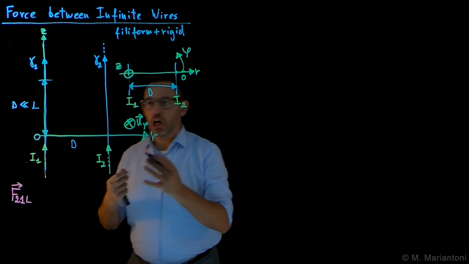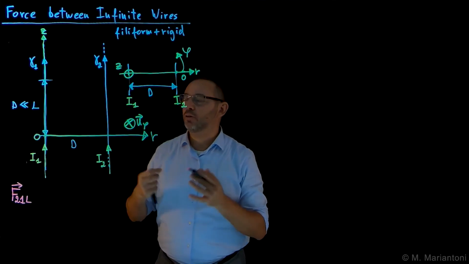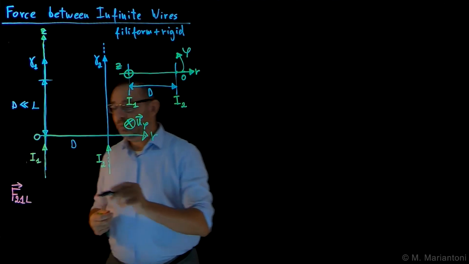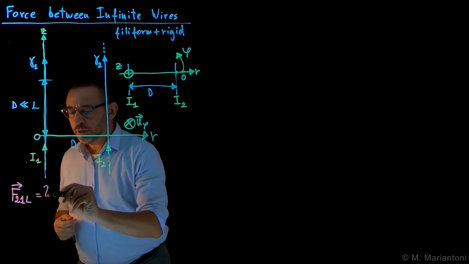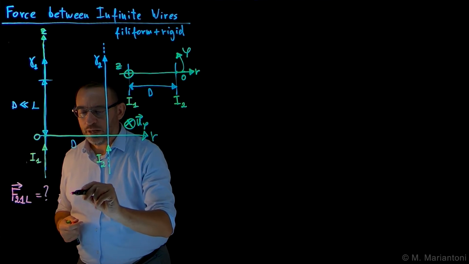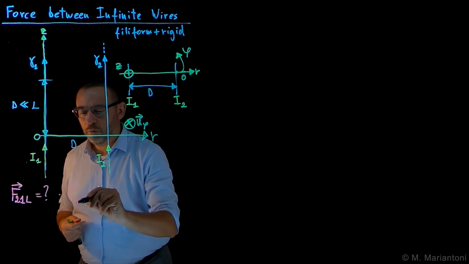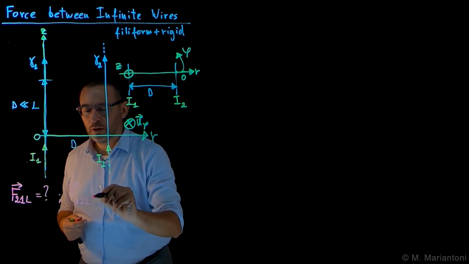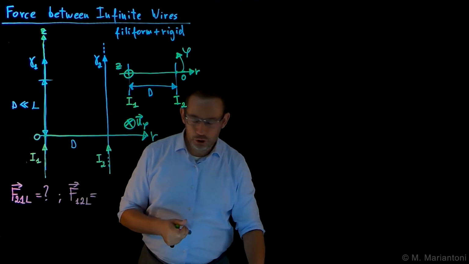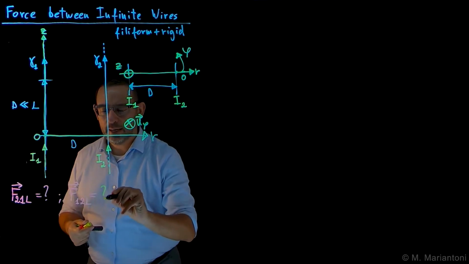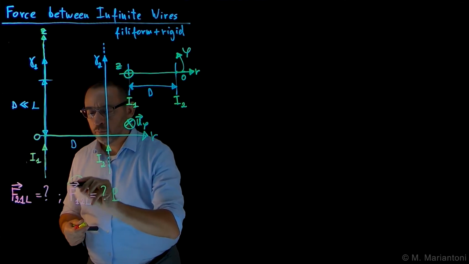Just for pedagogical reasons, I had to draw it larger so it looks nicer. All right, so this is the question. That's what we want to compute. And on your own, you can compute the other way around if you want, the force from 1 to 2 according to L. This one is something which you can do, for example, in Piazza as a question.